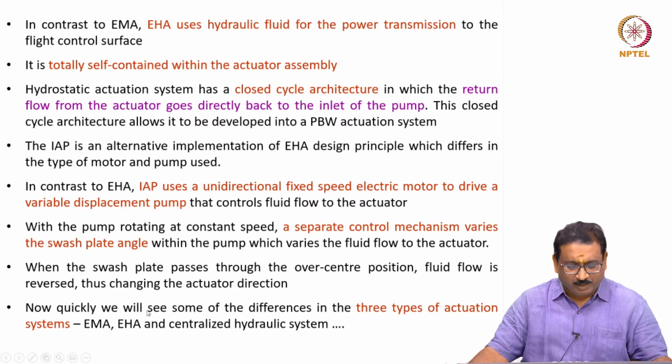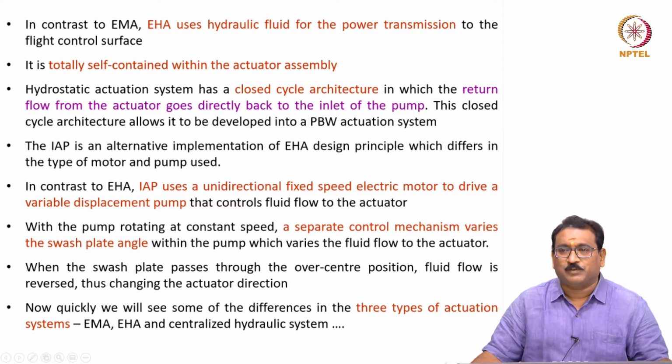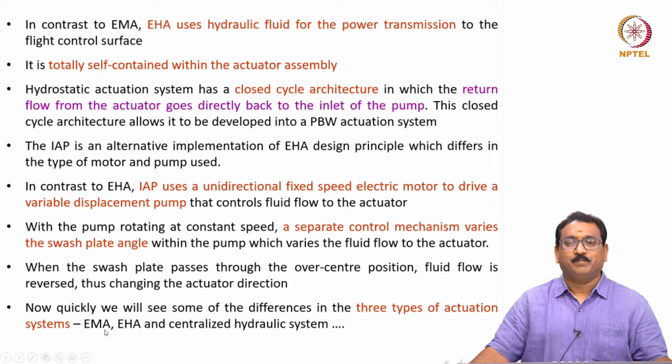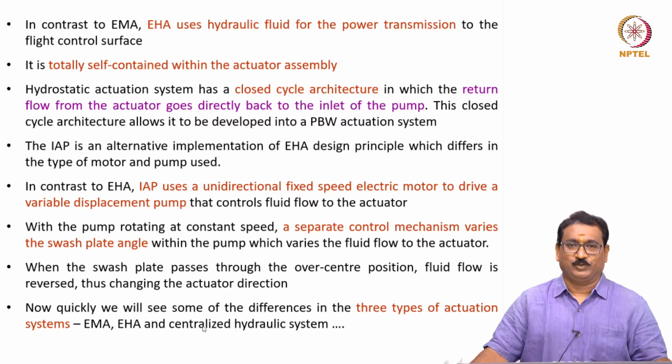Now, quickly we will see some of the differences in the three types of actuation, namely EMA, EHA and a centralized hydraulic system, which is more frequently used in older aircraft.